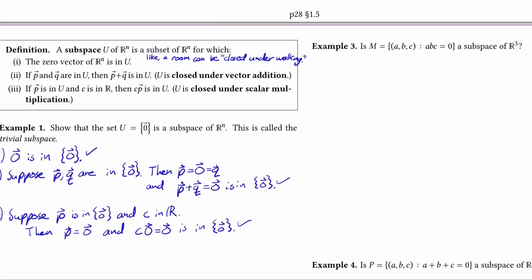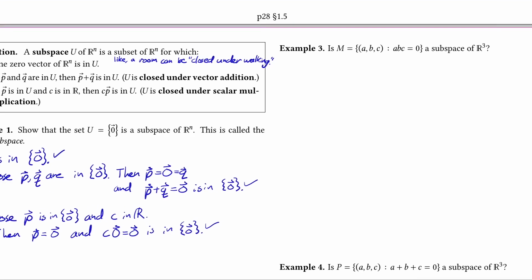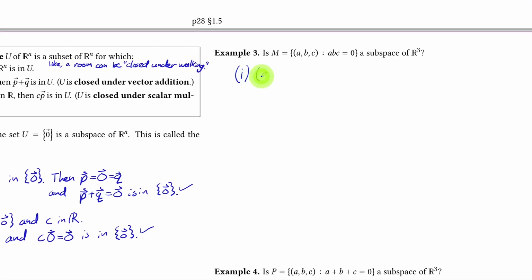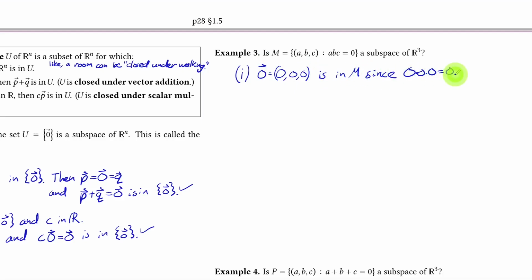I recommend trying to think about this on your own for a minute. See if you can show that it's a subspace or not, and then I'll show you my answer here. So first of all, it does meet the first condition that the 0 vector is in M because when you multiply the three components, you just get 0, so it meets the condition.